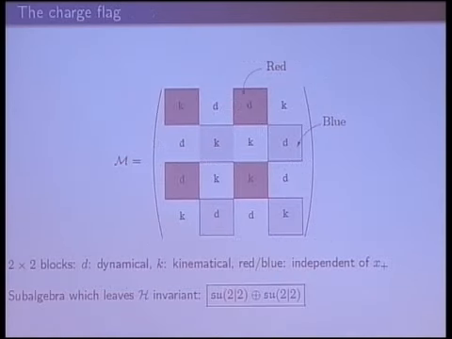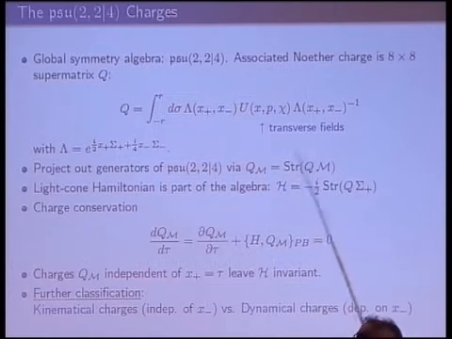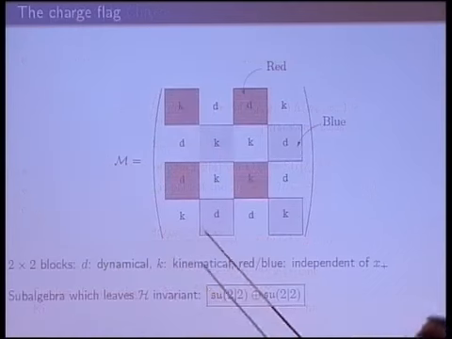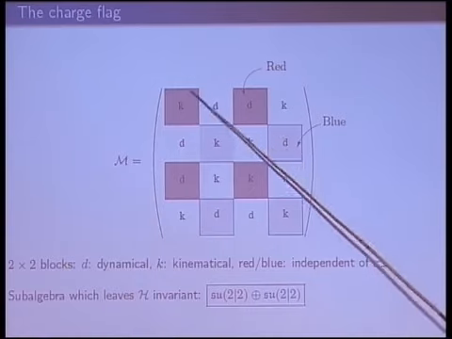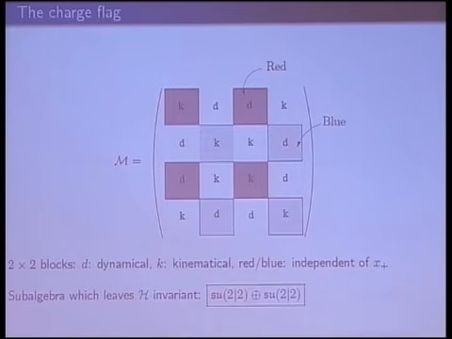And so here is the structure of these matrices M, which I feed into the supertrace here in order to extract the generators. And it is exactly the colored ones, which are independent of x plus. So these are the charges which commute with the Hamiltonian.